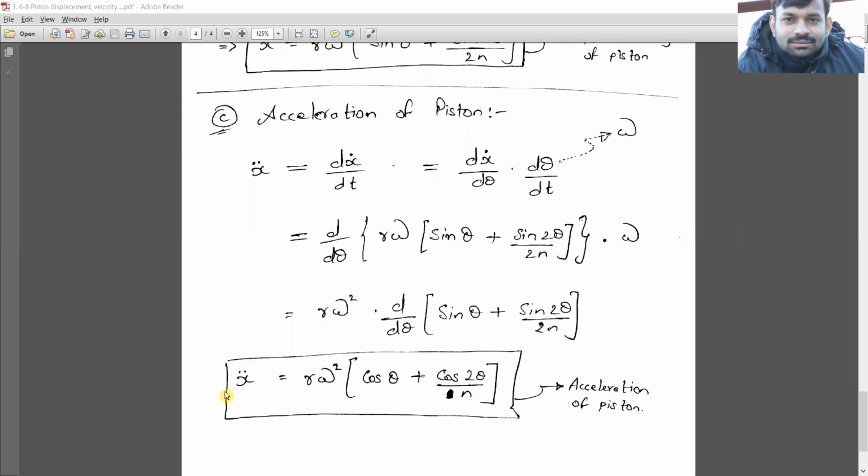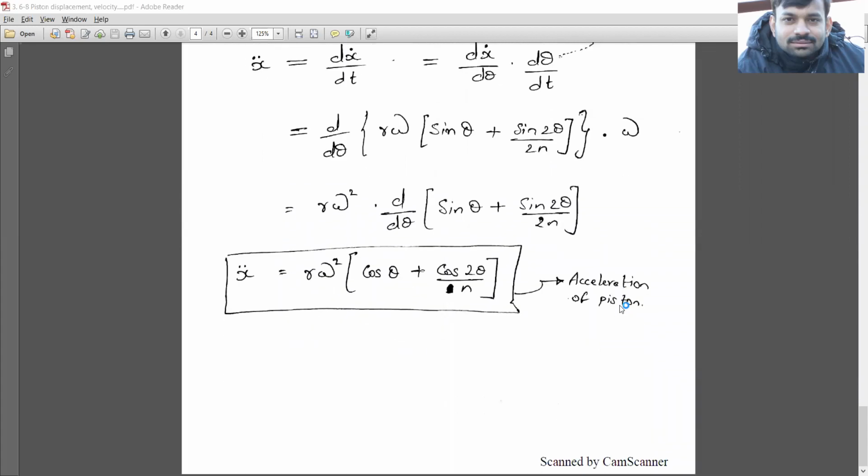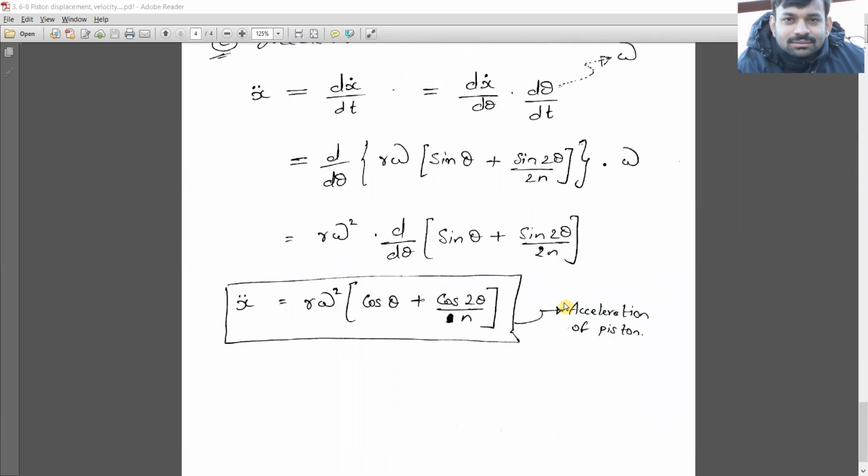All right. So x double dot is equal to r omega square into cos theta plus cos 2 theta by n. So this is the acceleration of piston. This equation represents the acceleration of piston. All right. So I hope this is clear to you.